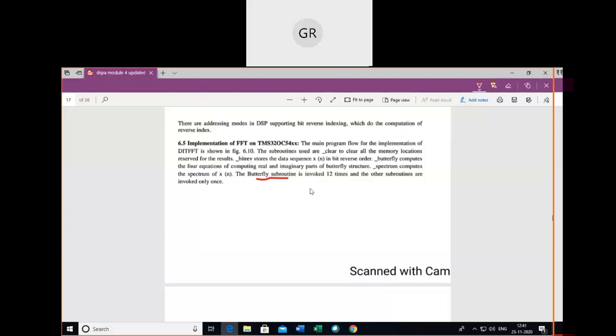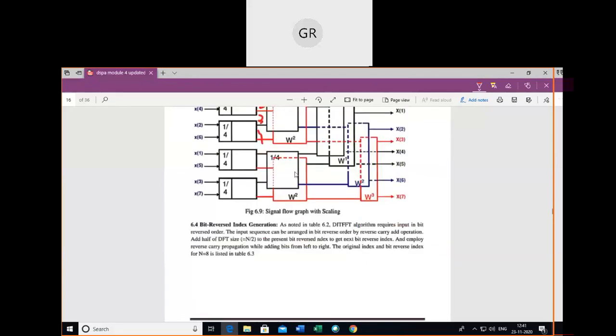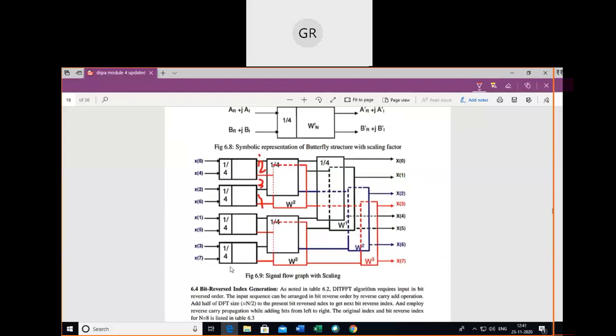We can call it, because here, see here, 1, 2, 3, 4: 4 butterflies in the first stage. In the second stage, 1 in red color, 2, 3 and 4. Again second stage also 4. In the third stage also 1, 2, 3, 4.